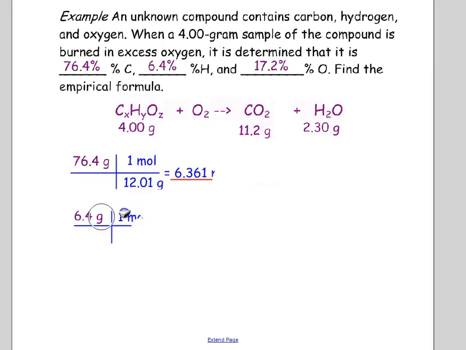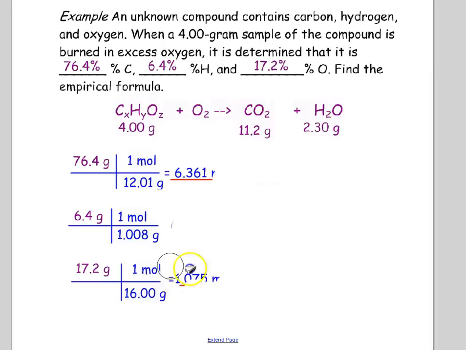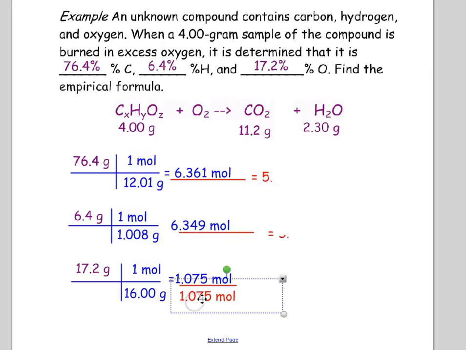First thing I did was to convert all my amounts from grams to moles using the molar mass of carbon, hydrogen, and oxygen. Then divide by the smallest, and I don't know why those aren't written there, so we will add them in.